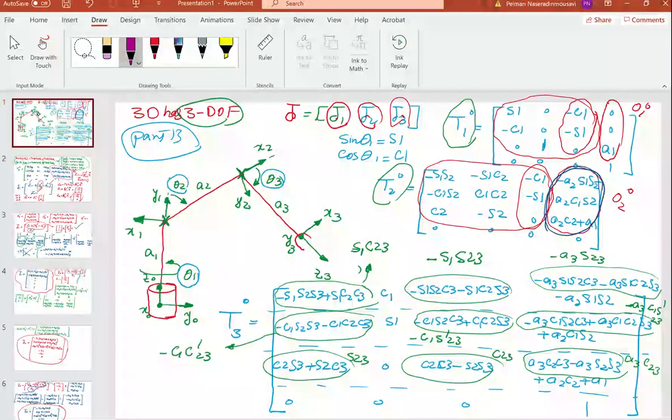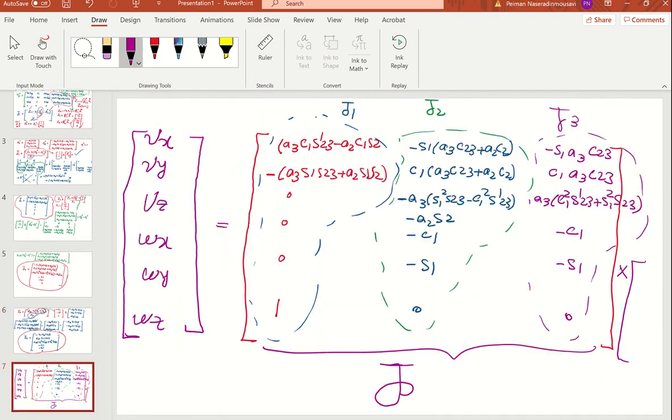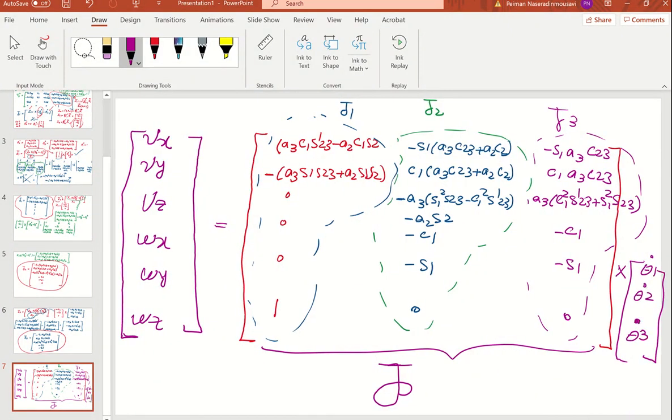There we go. We have 3 joints, 3 degrees of freedom, 1, 2, 3. So you're going to have here theta dot 1, 2, 3, the angular velocities of the joints based on the degrees of freedom you have. That's right. Angular velocity of the joints, to linear velocities and the angular velocity of the end effector.